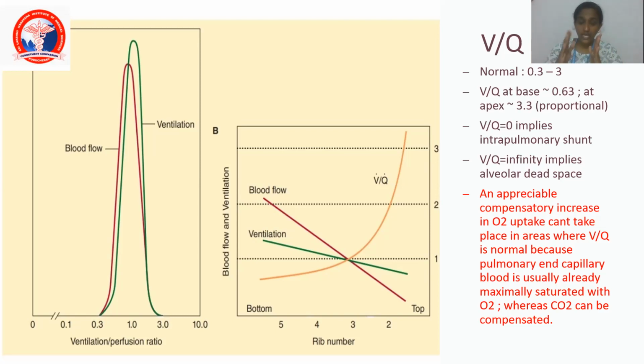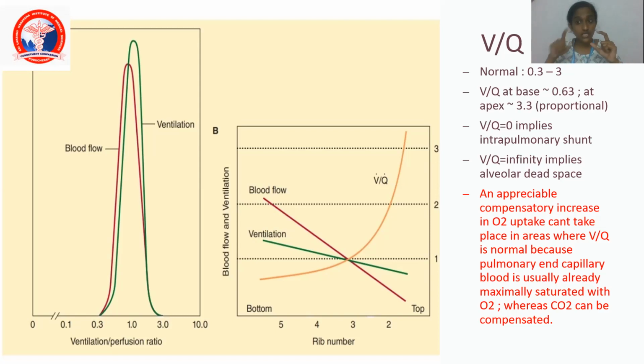That is the region, like we are comparing trachea and bronchi. Trachea and bronchi, we have ventilation there, but we don't have a perfusion there. That is, for gaseous exchange, we don't have a perfusion. That is, pulmonary artery is not present there. So trachea and bronchi, whenever we are talking about dead space, that V by Q is infinity.